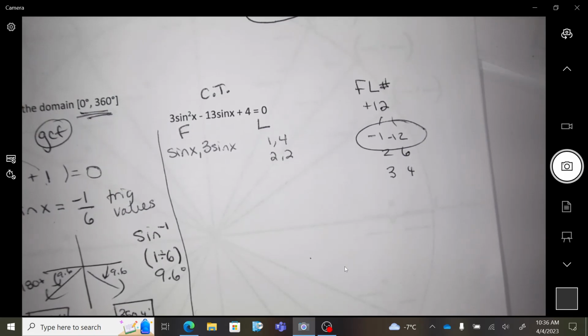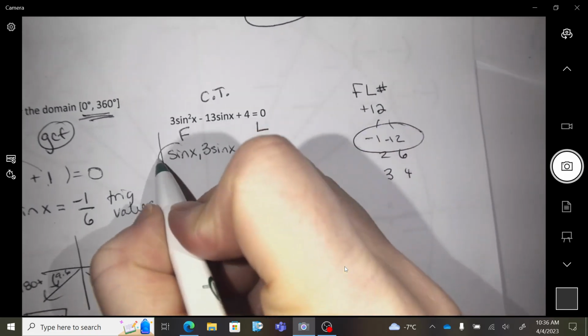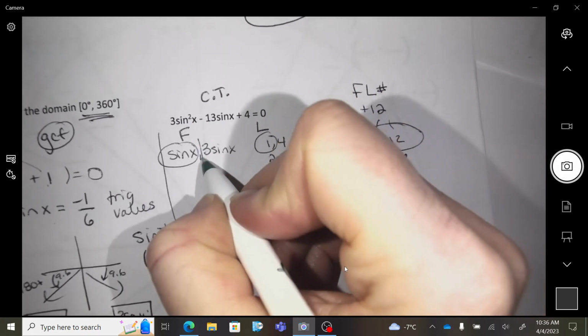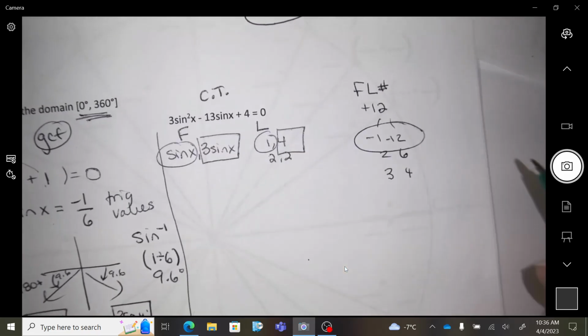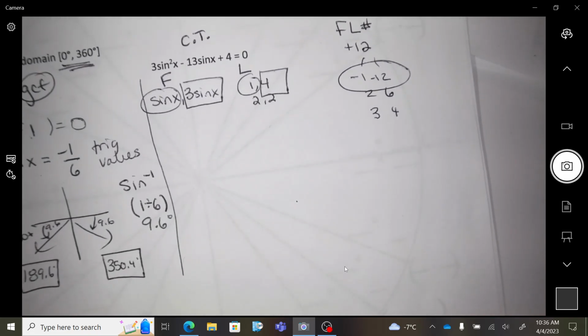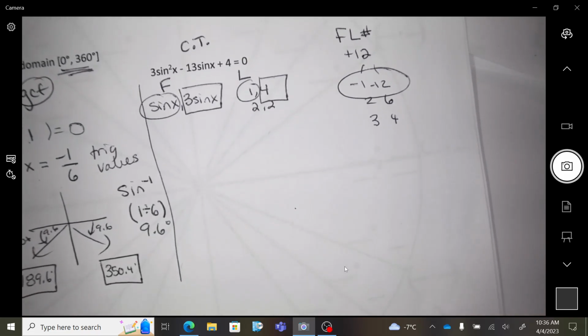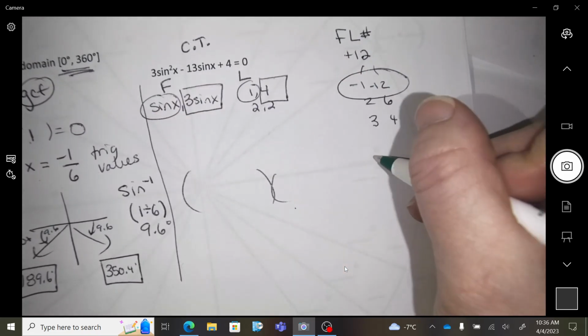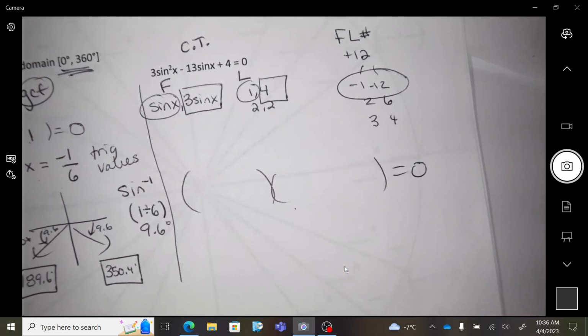Then you need to find yourself some partners. One partner needs to make a 1, one partner needs to make a 12. Did you find something to do that? Okay, now you need to line up everything inside some brackets.